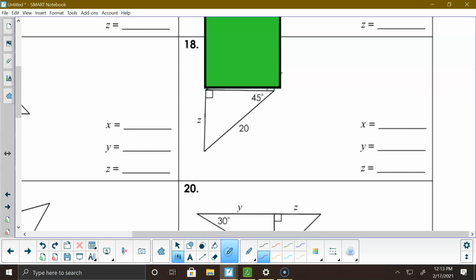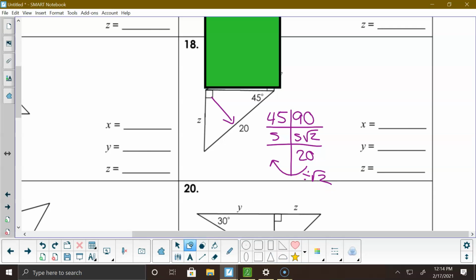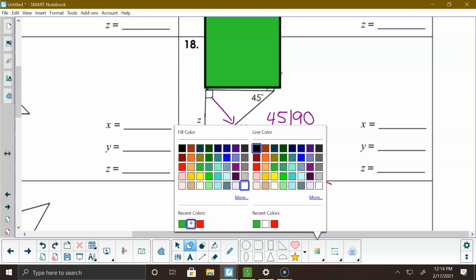Alright, so when I'm looking at this little one, this is a 45, 45, 90, yes? Side, side, side root 2. What did they give me on this one? The leg or the hypotenuse? Alright, so they gave me the hypotenuse. That puts a 20 right here. So how do I get back to just the regular old side length? Divide by square root 2.